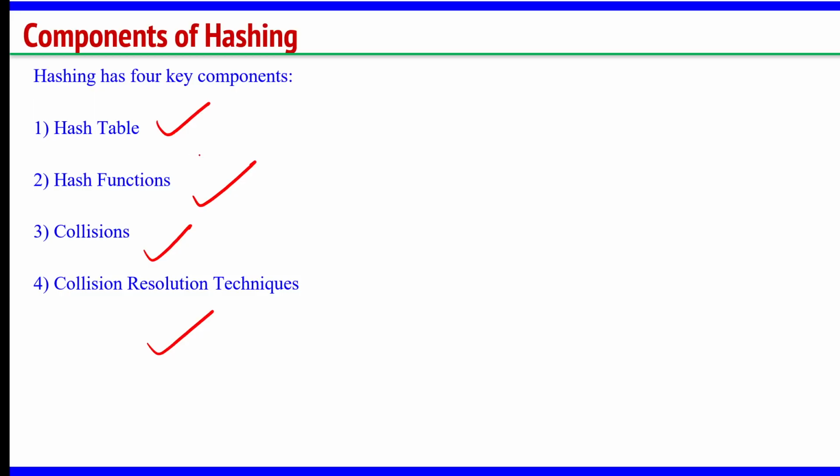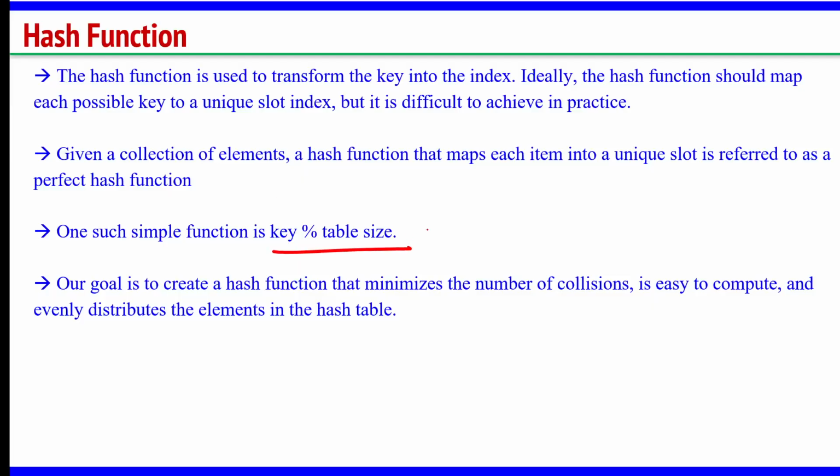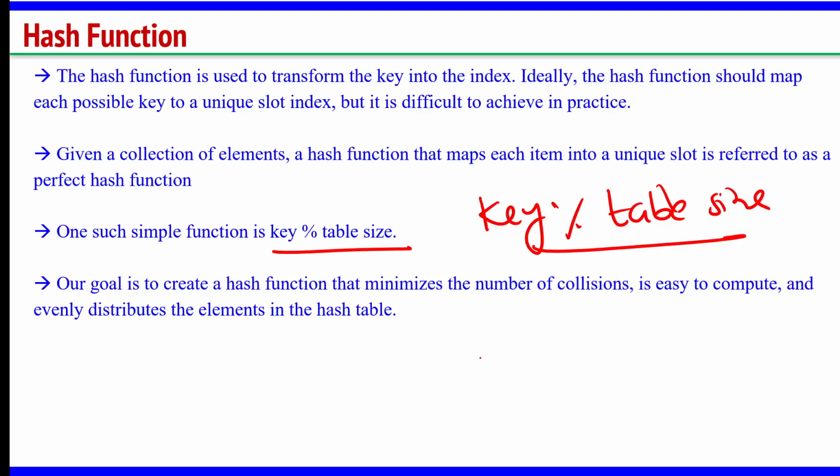What is a hash table? The temporary array which I am using is my hash table. How to fill elements into it? Using hash functions. The default hash function is to take the key, modulo table size. This is the easiest hash function we have. Using this, you can fill the elements into the table.